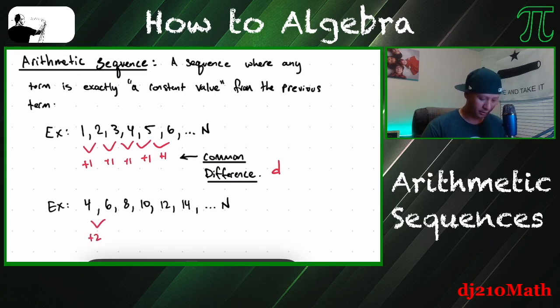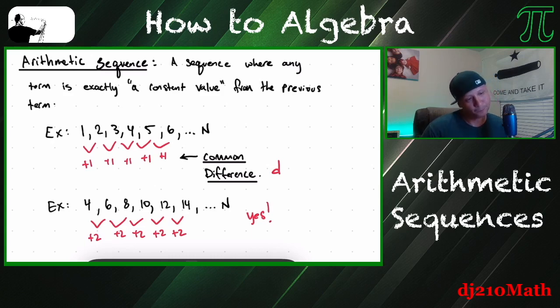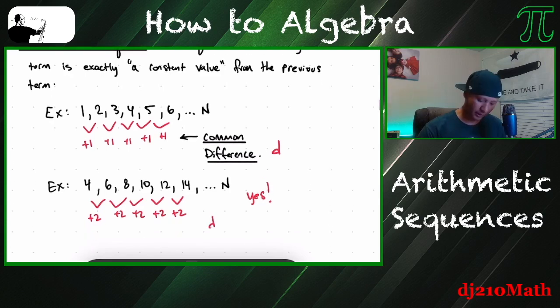And then the next term would be 8, so we added 2 again. Then 10, 12, 14, and so on and so forth. So yes, this would be an arithmetic sequence, and it has a common difference of 2. So we want to identify, is it an arithmetic sequence? And if it is, what is the common difference?